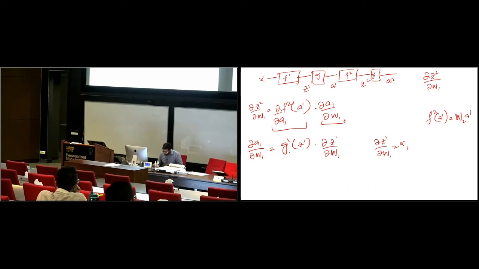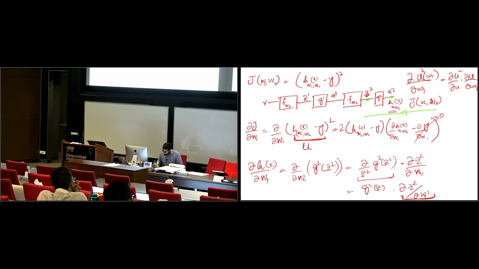So now I have this, I put it here, it will give me this, I put it here, it will give me this, and I put it here, it will give me the gradient of J with respect to W1. That's basically backpropagation. You can repeat the same process for W2 and done.